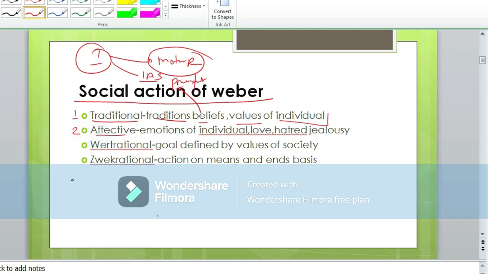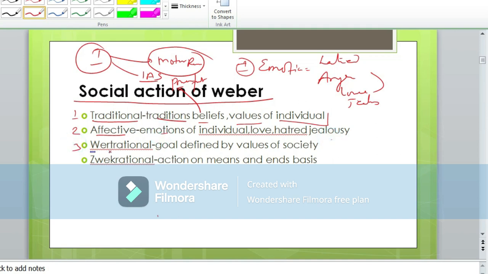So when an individual takes a decision on the basis of emotions, hatred, anger, love, jealousy, emotional biases, then the actor becomes an affective actor.